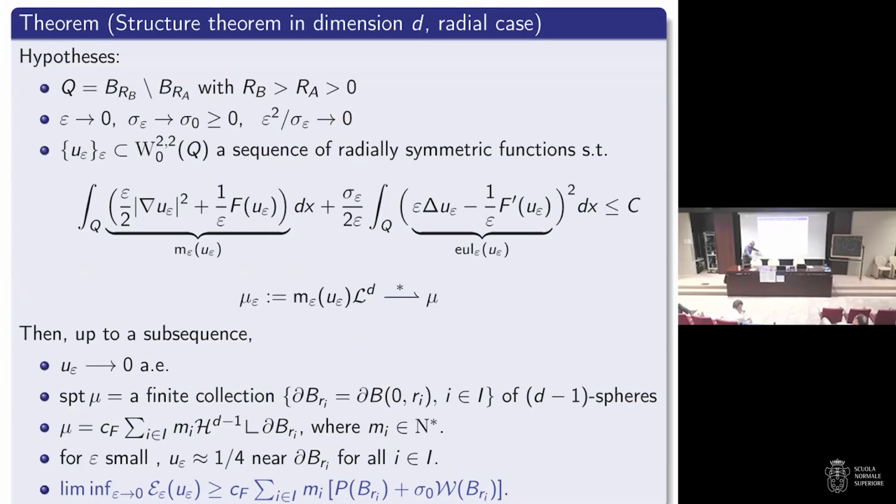I also have a lower control of the limit energy, where you have the perimeter plus the Willmore energy of your spheres times σ_0, which is the limit of σ_ε. So the key is this assumption here. It is key to control the discrepancy function I mentioned before.